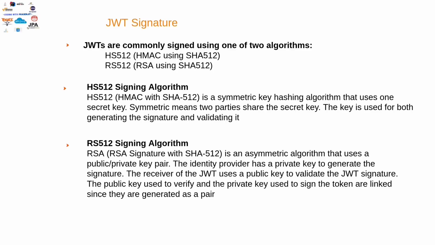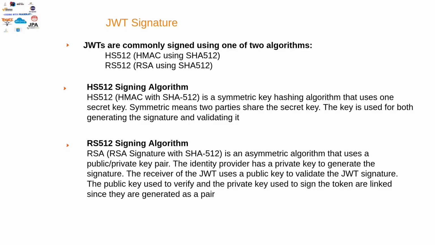Now the other one is the RS512 signing algorithm, which is an asymmetric algorithm that uses a public and private key pair. The identity provider has a private key to generate the signature, and if the receiver wants to validate it, then the receiver has the public key to validate it.